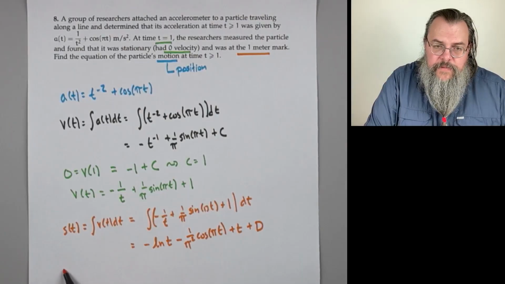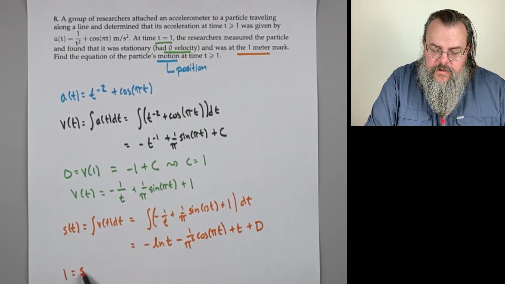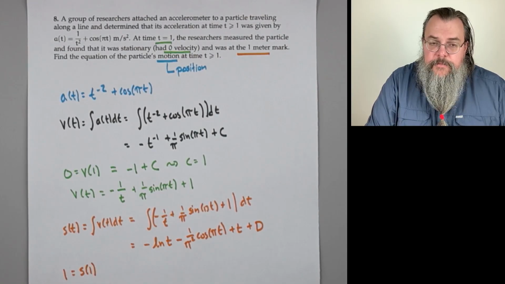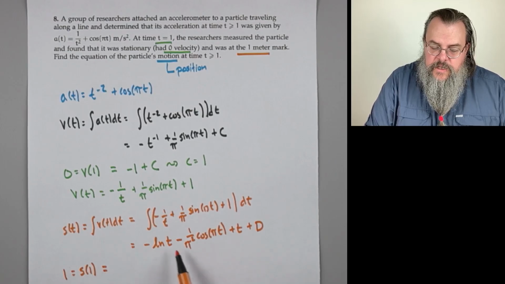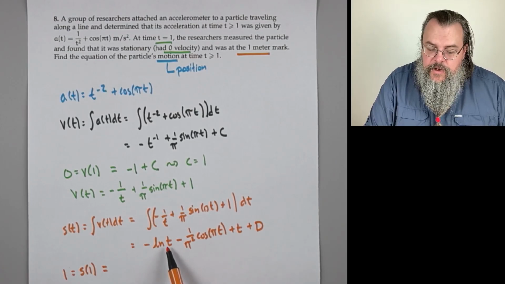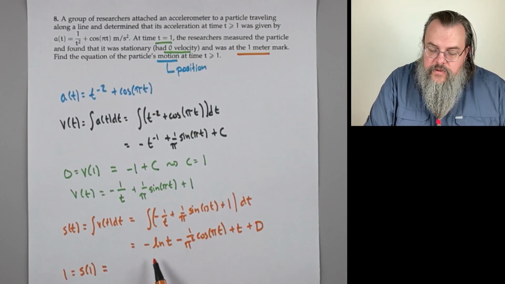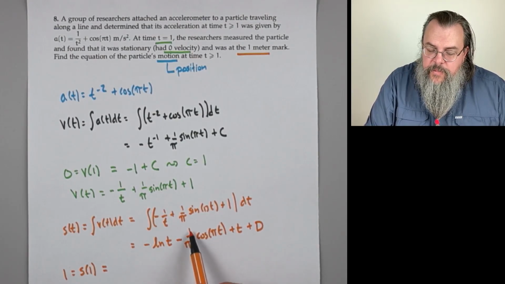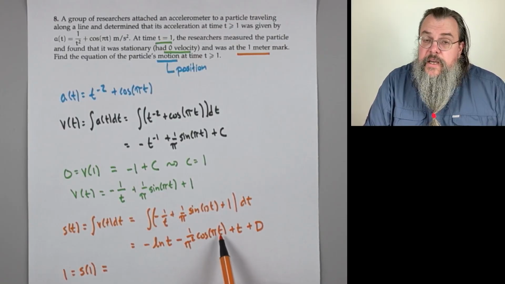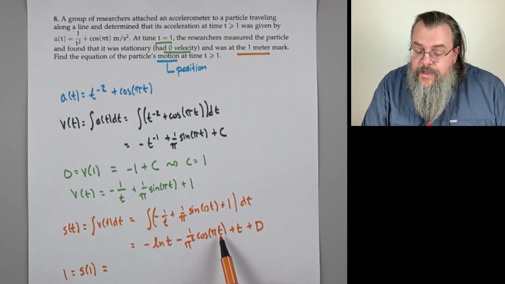So we have that 1 is equal to where we were at time 1, which is, plug in, log of 1 is 0. Okay, so 0. And then we have minus 1 over pi squared cosine of pi times 1. That's cosine pi.